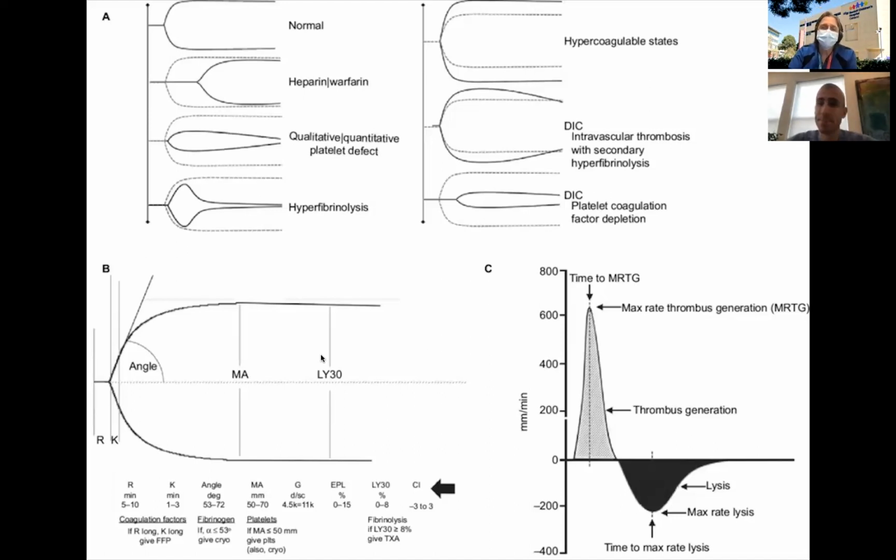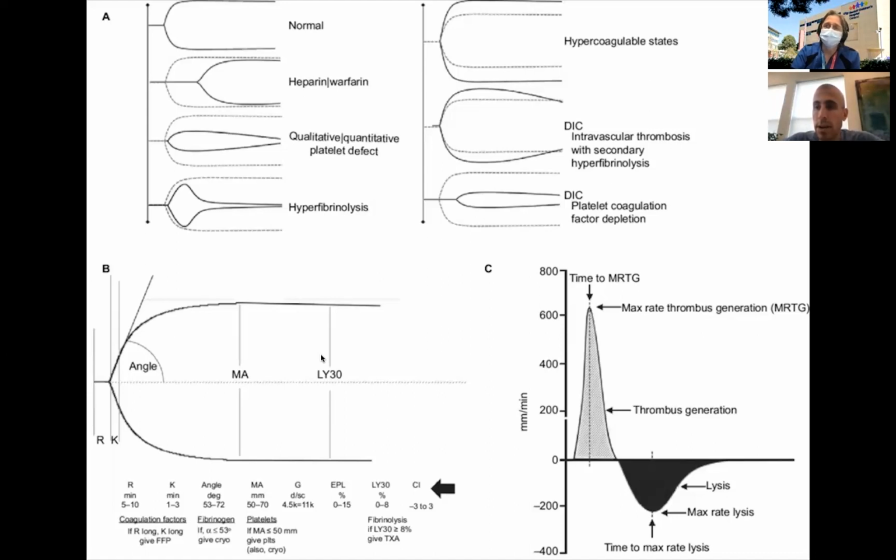Just one question, Steve. Yes. Is it contraindicated to give TXA at the beginning of a trauma, or should we be waiting until the TEG comes back? I would draw the blood before the TXA is given. But you can give TXA without having this result back.